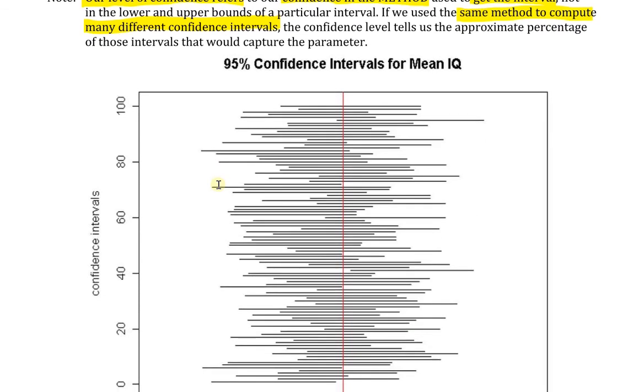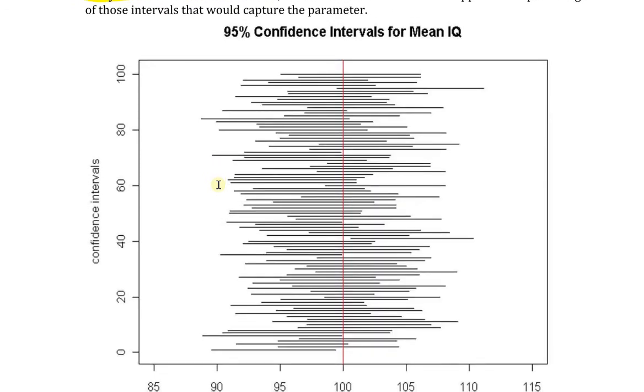Consider what 95% confidence intervals for a mean IQ score would look like. And consider that the true mean IQ score is 100. If we constructed 100 confidence intervals, then the 95% confidence level would tell us that 95 of these intervals would contain the true mean IQ score, and 5 of them would not.